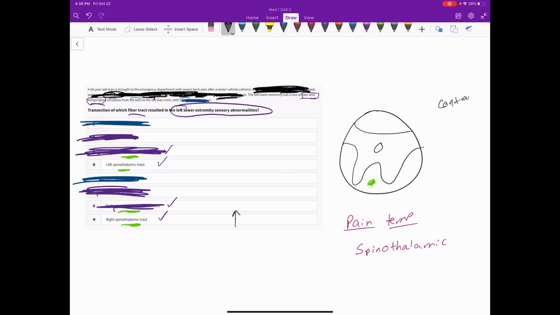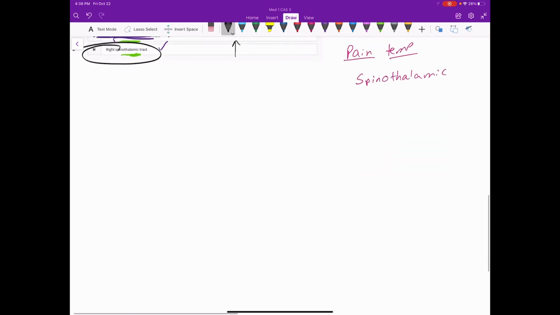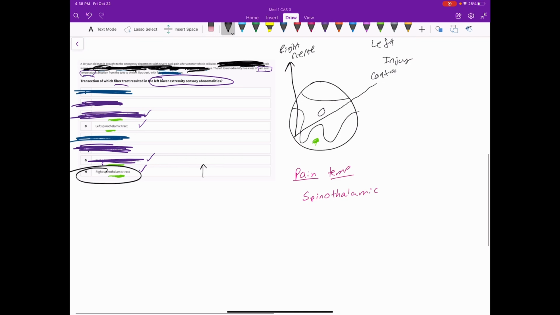This is the left side of the patient's body, and this is the right side. It's coming from the left side, crosses over, and ascends upwards. But the left side of the body was the injured side, which means the tract comes from the right side. So we've got to have the right spinothalamic tract. That's going to be our answer. Let's see if we're right. I don't even have it down, but yeah, that is the answer.